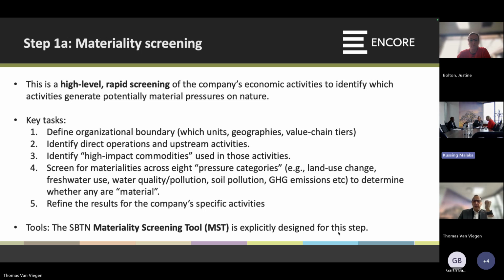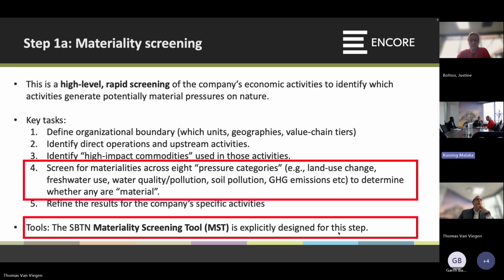And then just to state the obvious again, the materiality screening tool is explicitly designed for this step, as illustrated here.